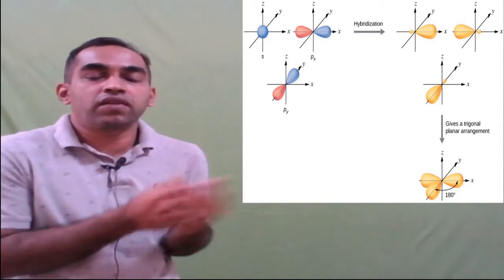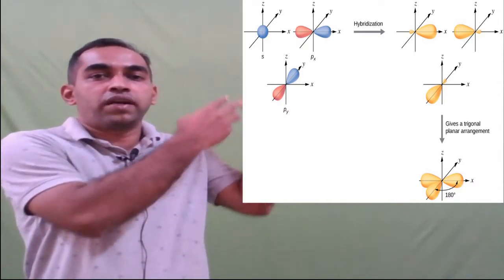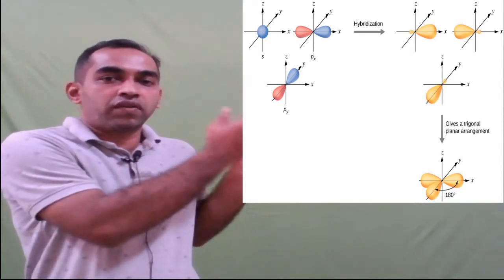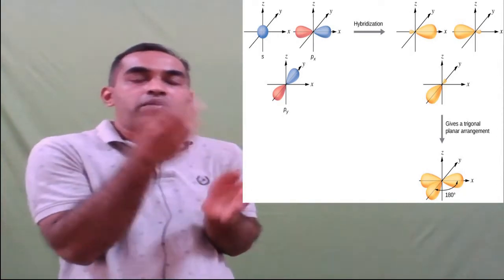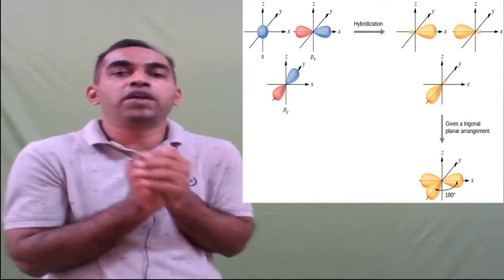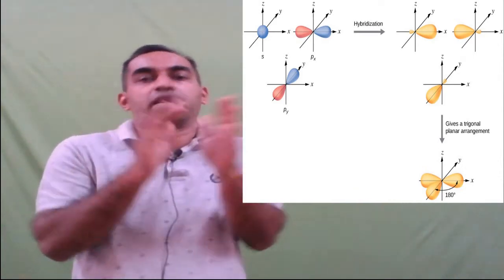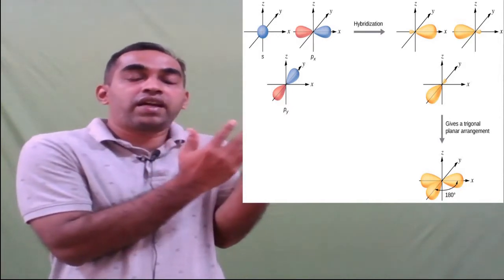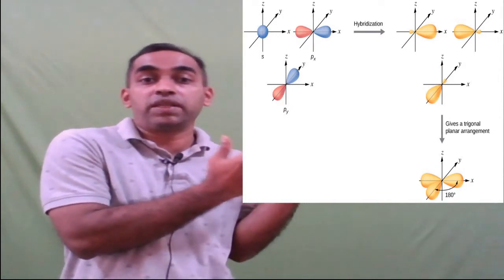So, what are the characteristics? You can see the s orbital mixing with 2 p orbitals to give the resultant 3 sp2 orbitals. The bond angle is 120 degrees and it is planar. It is not like the tetrahedral you have seen in sp3 hybridization. So, this is a planar one.